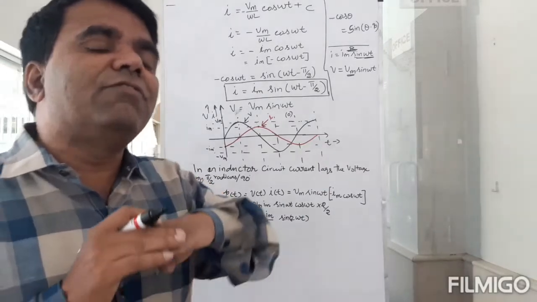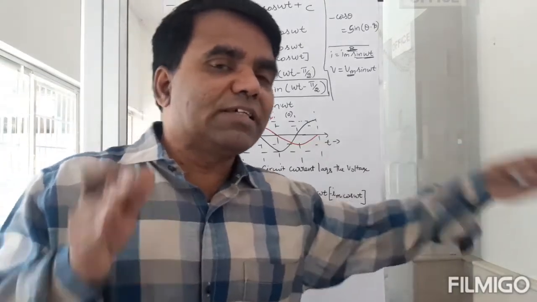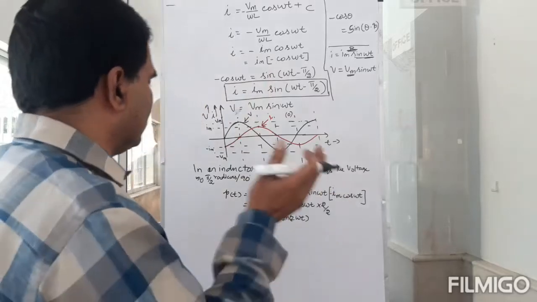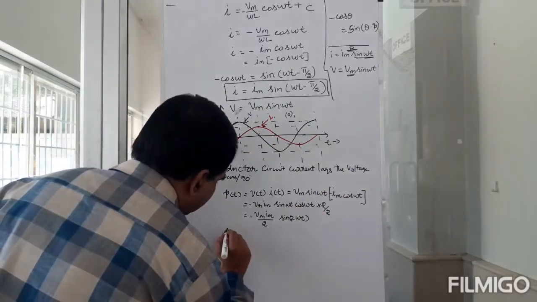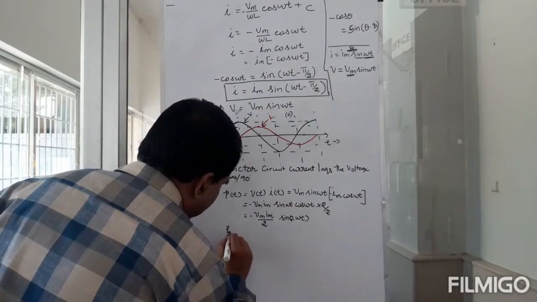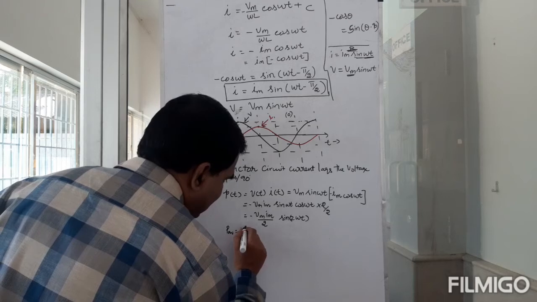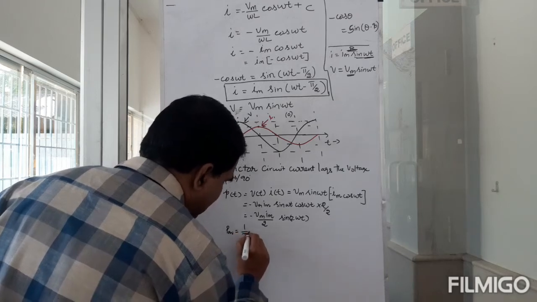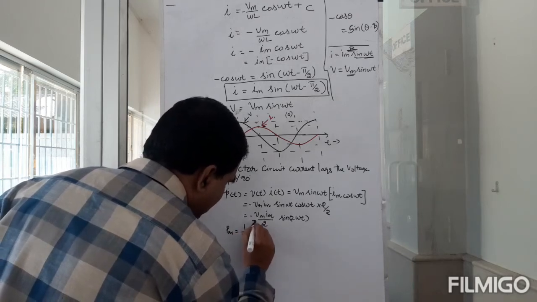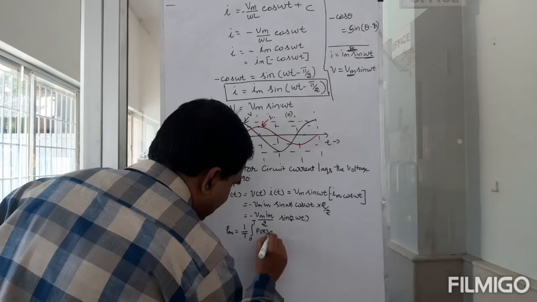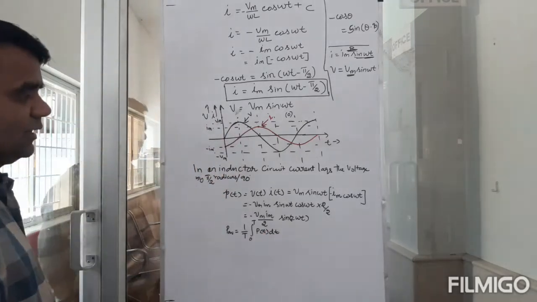Then what is the average power over one cycle? P average is equal to 1 by T, integral 0 to T, P of t dt. We know this, right?